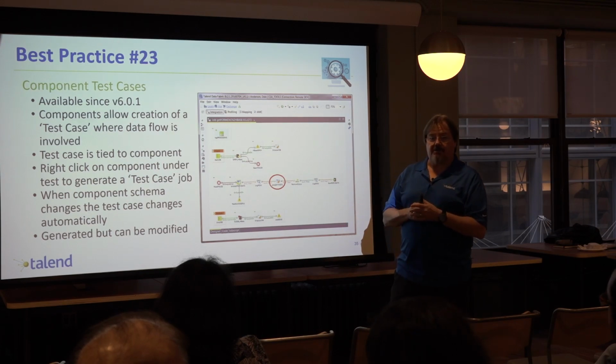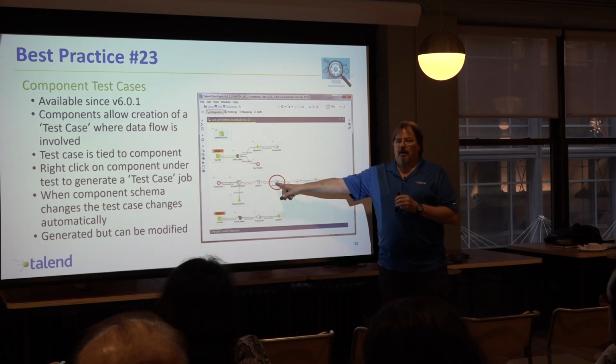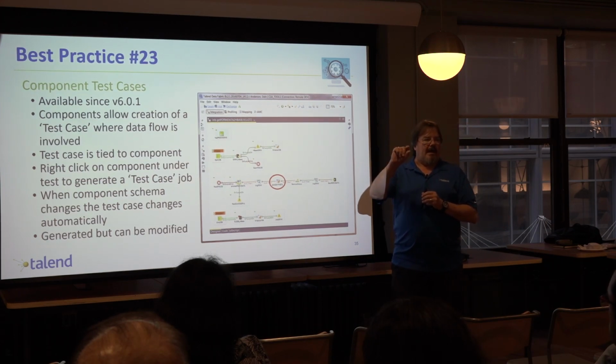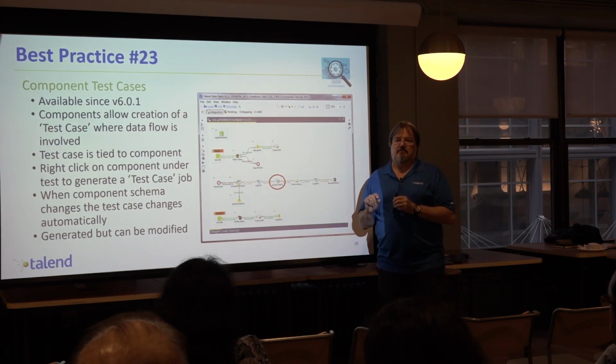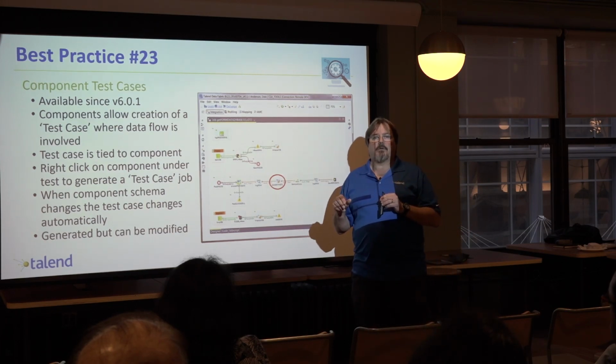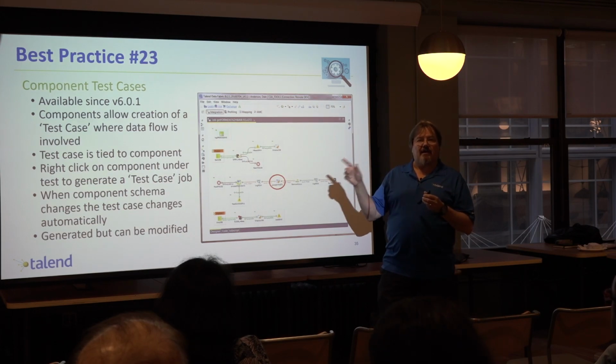And not all components, but many of the components within Talend. If you right-click on it, I'll right-click on this tJavaFlex component, you'll see in the menu a Create Test Case menu item. Click it, and it will generate another job. That job is a test job around that component.